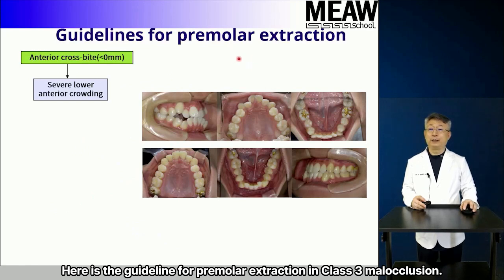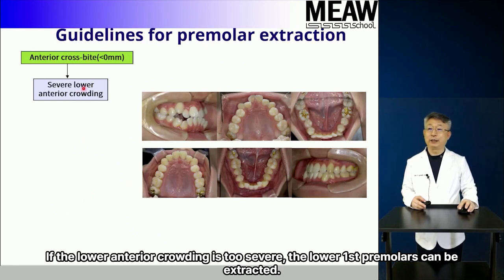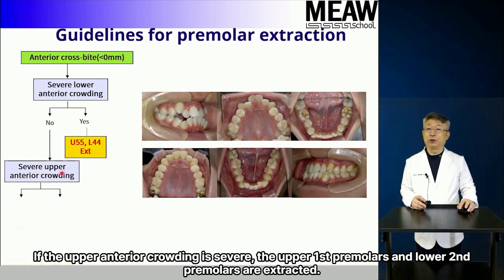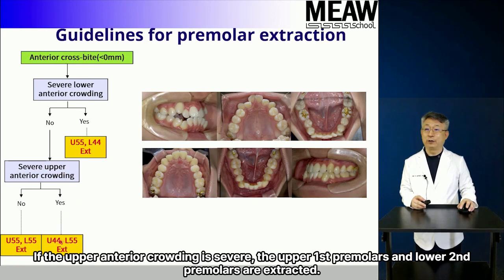Here is the guideline for premolar extraction in class 3 malocclusion. If the lower anterior crowding is too severe, the lower first premolars can be extracted. If the upper anterior crowding is severe, the upper first premolars and lower second premolars are extracted.